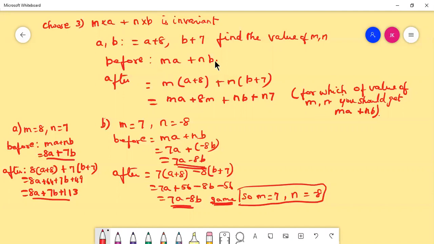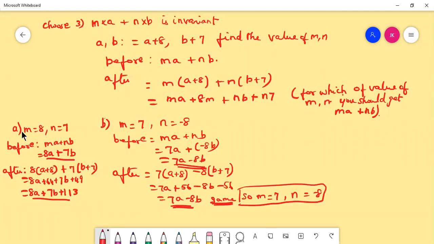So this is my before statement and this is my after statement. For which value of m and for which value of n will I get back the same statement, ma plus nb? That is the working out of the problem.